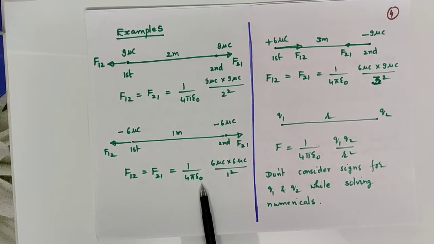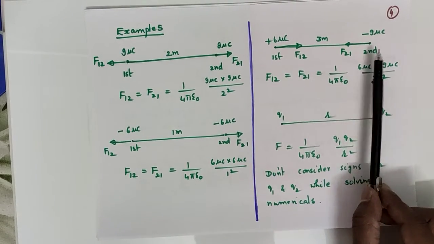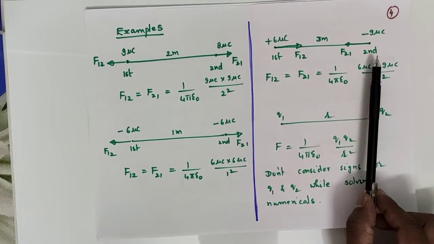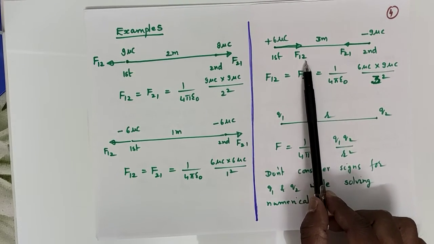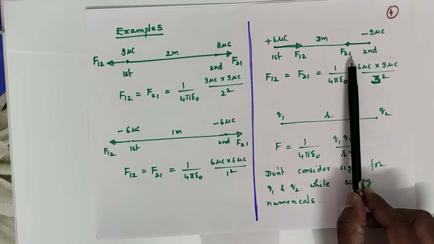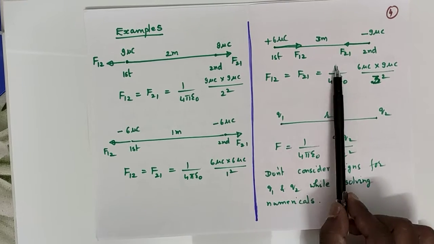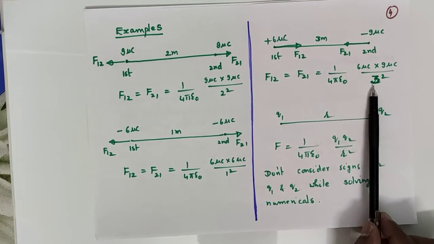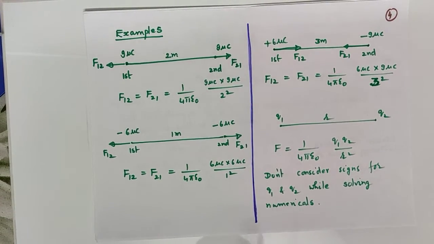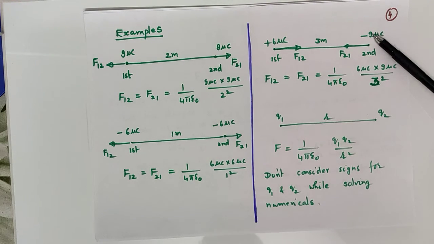If one is positive, the other one is negative, these two charges will undergo attraction. Force acting on first charge by the second charge, force acting on second charge by the first charge, are equal in magnitude, 1 by 4 pi epsilon naught into 6 microcoulomb into 9 microcoulomb divided by 3 square. But you see here, I am not taking any minus sign.